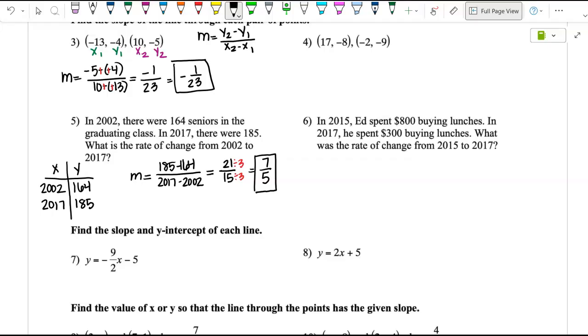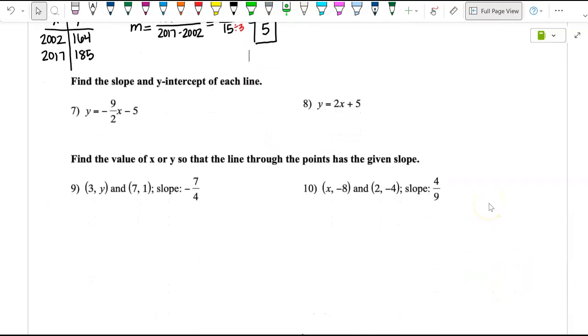All right, number 7, find the slope and y-intercept of each line. They're giving us this question in slope-intercept form. And again, if you forget, slope-intercept form is our y equals mx plus b, where m is our slope, b is our y-intercept. We don't even have to do any solving here on number 7.